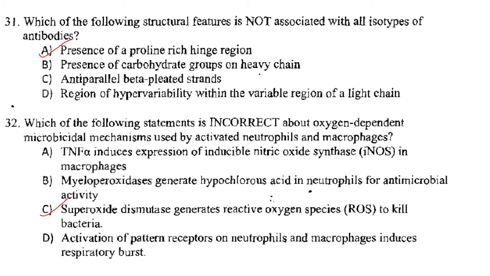There are 5 isotypes in human antibodies, that is IgM, IgG, IgD, IgE and IgA. Now the proline-rich hinge region is found in IgG, IgA and IgD, and it is not found in IgM and IgE. So this particular feature is not associated with all isotypes of antibodies.